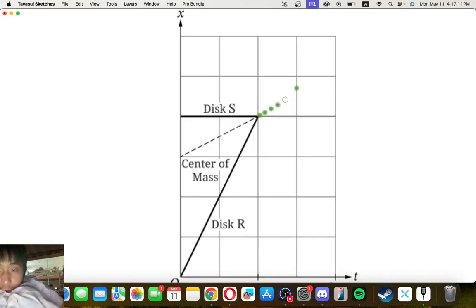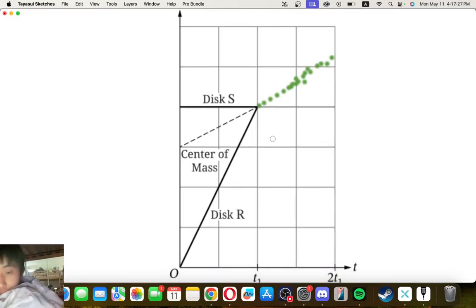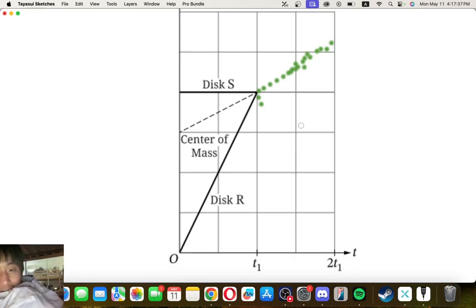It's still going straight like that, because it's a conserved system and there's no outside force acted upon it. Alright, R's position starts to go downwards. I don't know exactly how far down, but we can figure it out later.